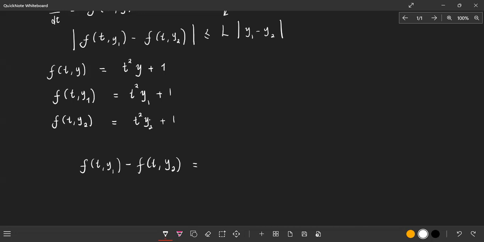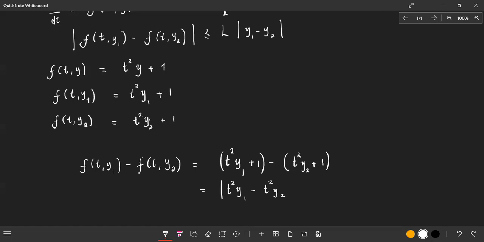We get here t squared y1 plus 1, minus t squared y2 plus 1. So if you subtract this, we just end up having t squared y1 minus t squared y2.